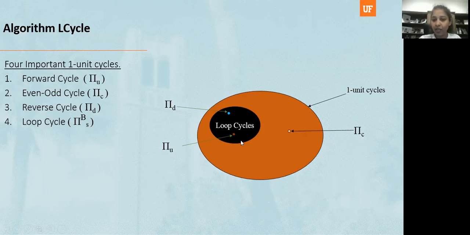You can see something called loop cycles. It depends on my set B. And we have 2 specific types of loop cycles and 1 general one. So there are 3 different types of loop cycles, and something called this even odd cycle, pi c. It is not a loop cycle, but it is a very special type of cycle. So these are the four cycles we used, and I'll show you quickly how they work, and you will see how easy it is to implement them.